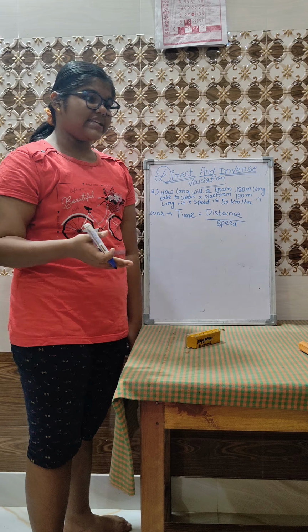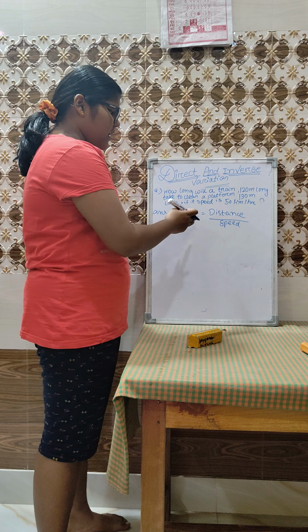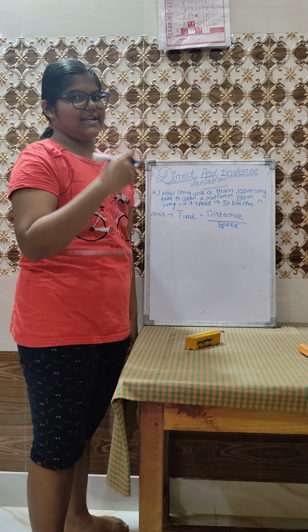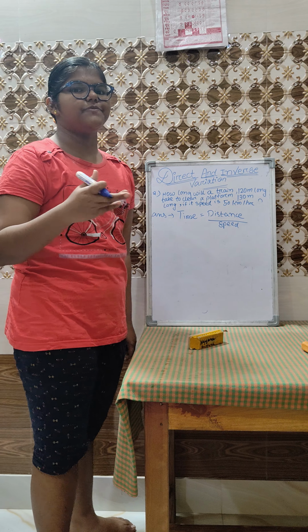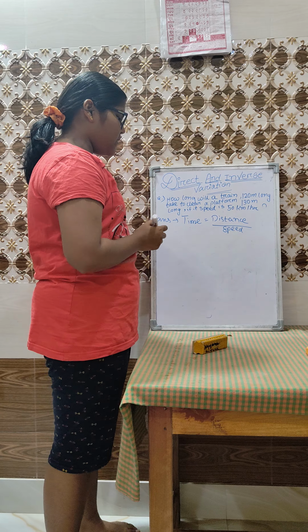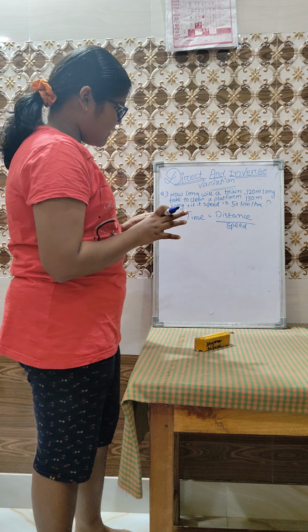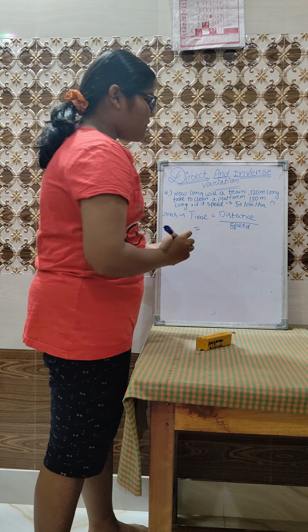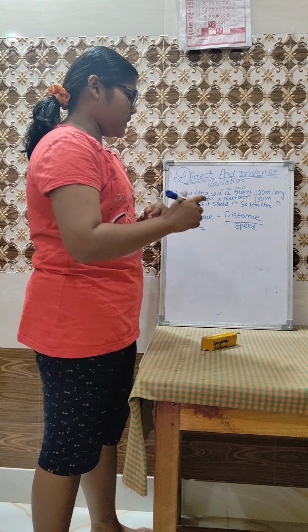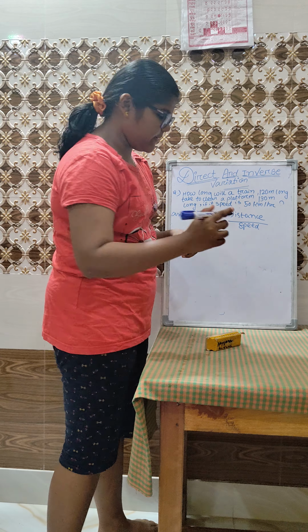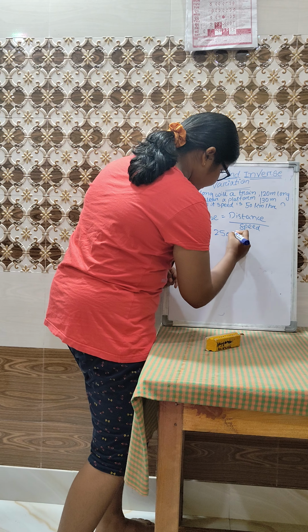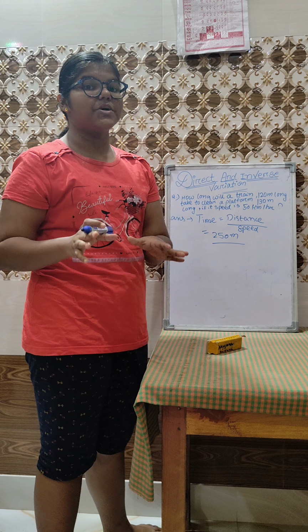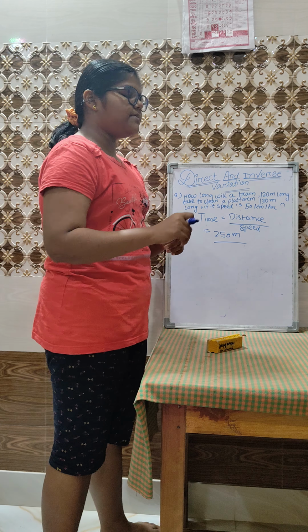And what is the distance formula? If you are thinking that time will go to here and distance will come to here, then you are definitely wrong. Distance equal to speed into time is the formula. So moving on to our topic, we have given time equal to distance by speed. So let's find out. The total distance was 250 kilometer. Sorry, 250 meter. And our speed was 125 by 9 meter per second.